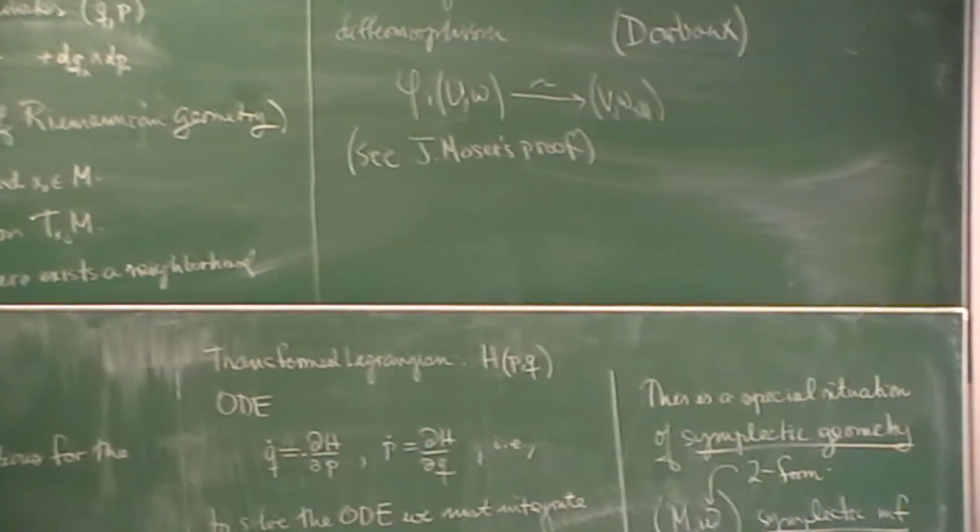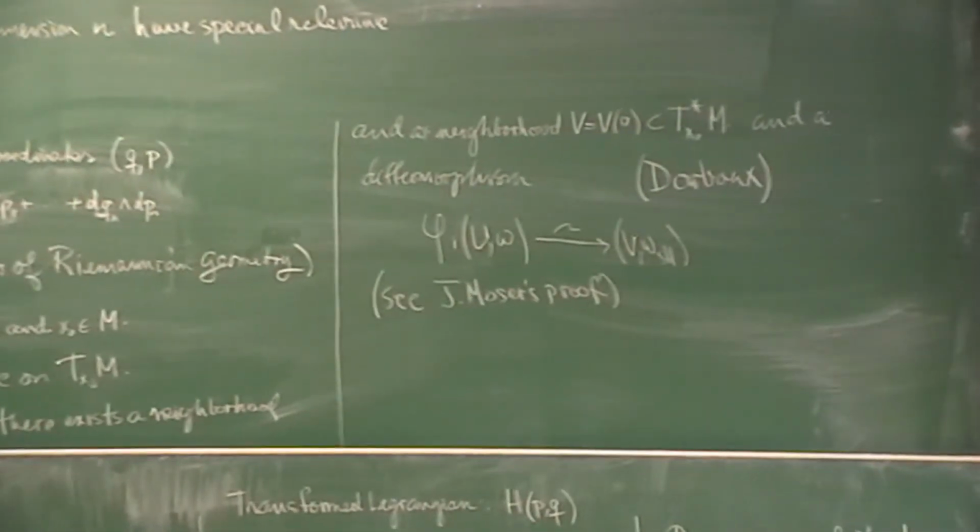So this theorem of Darboux says there are no local invariants. So symplectic geometry is somehow a global theory. It's very interesting. And in modern days it has become a global, very algebraic topological theory.